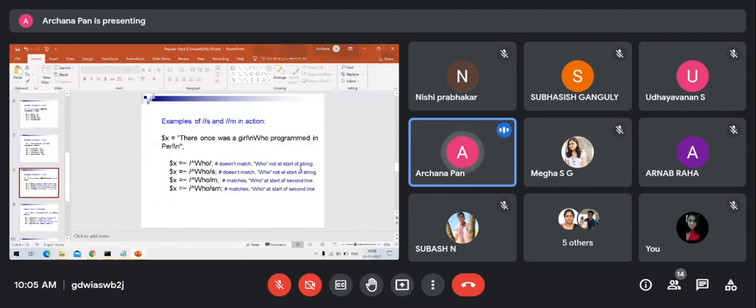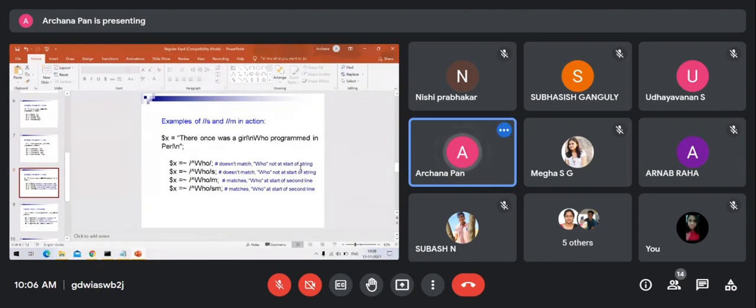Next, when you are using the s modifier, it is changing the rule of the dot operator only. In general, the dot operator will match any character but not the newline character, so the s modifier changes the rule of the dot operator.